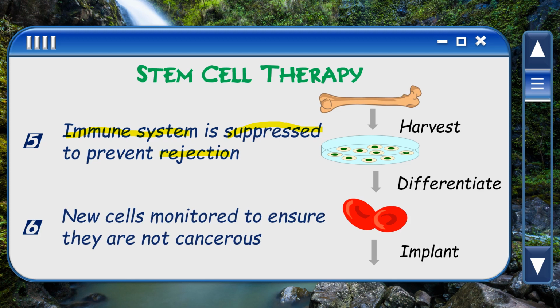There has to be cell monitoring to ensure that they don't turn cancerous. These new cells have to be monitored so that they do not turn into cancerous cells.